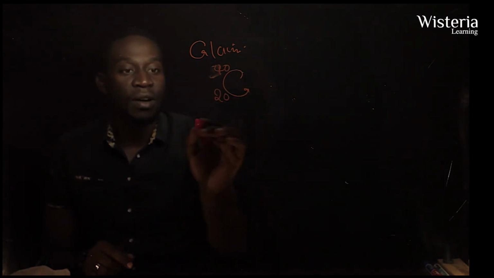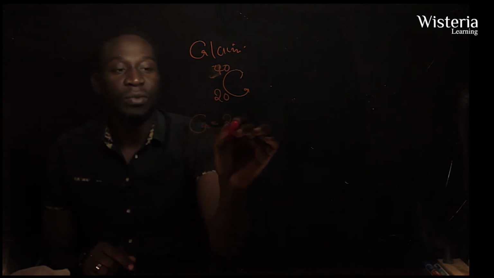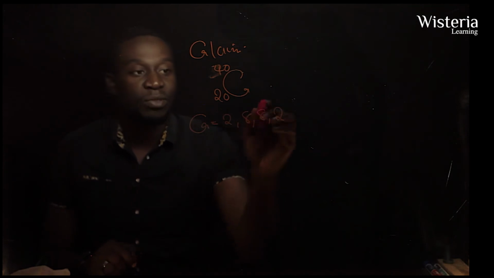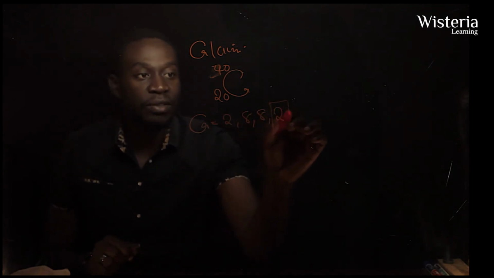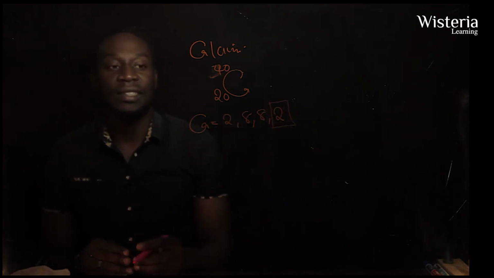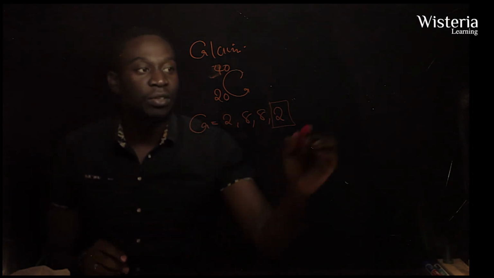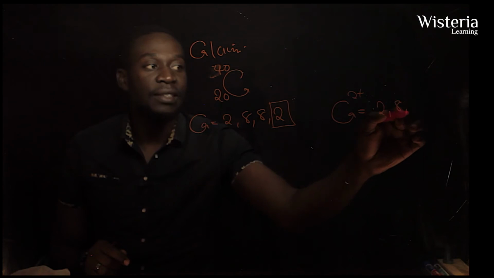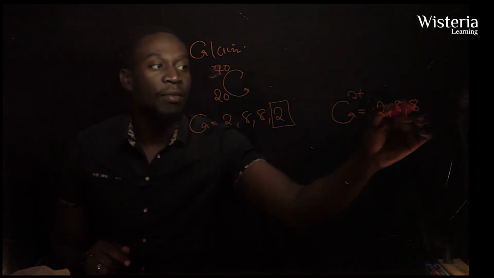For calcium, the atom is 2,8,8,2. The calcium is going to lose the valence electrons, which are 2 electrons in the last shell.